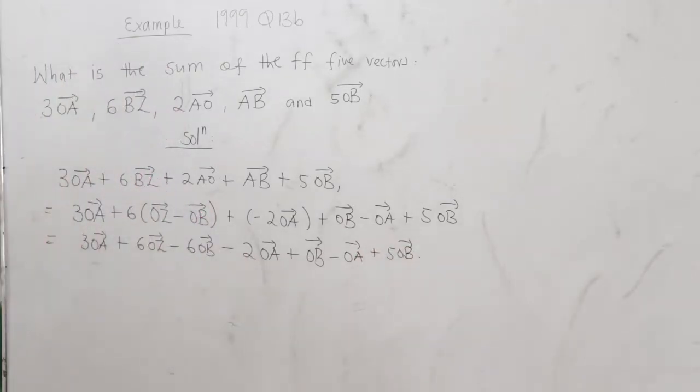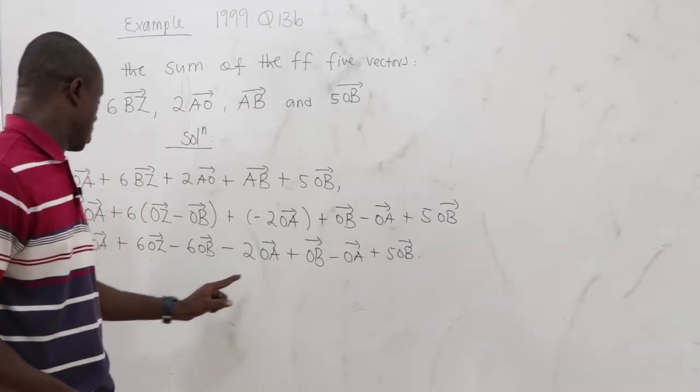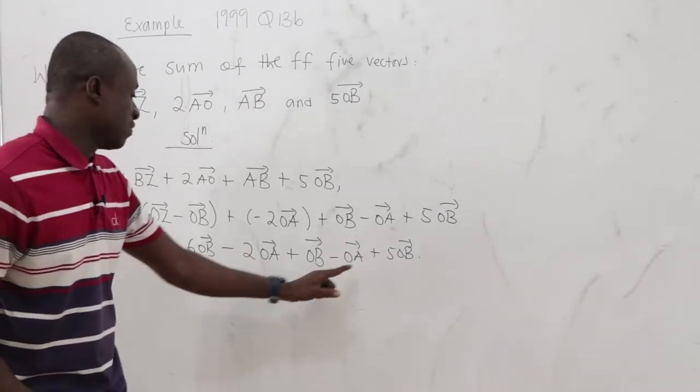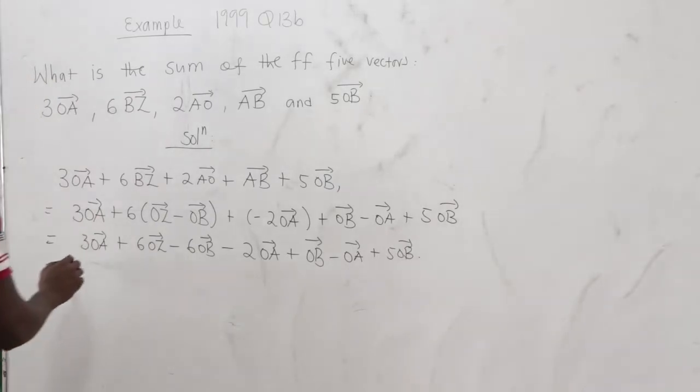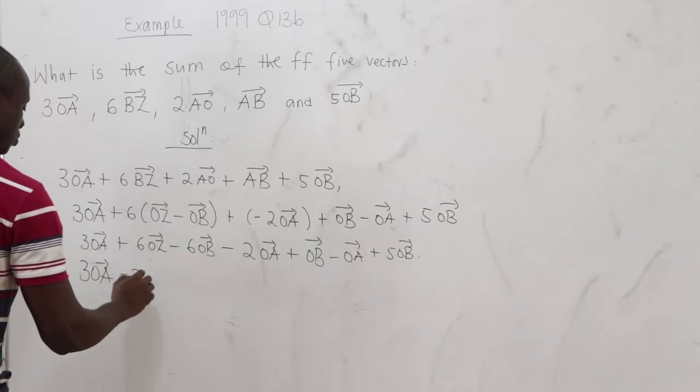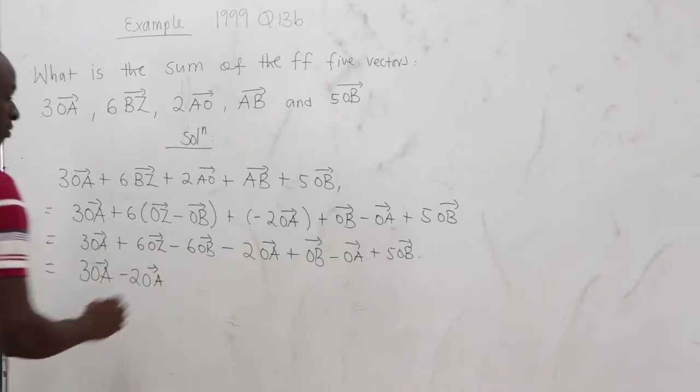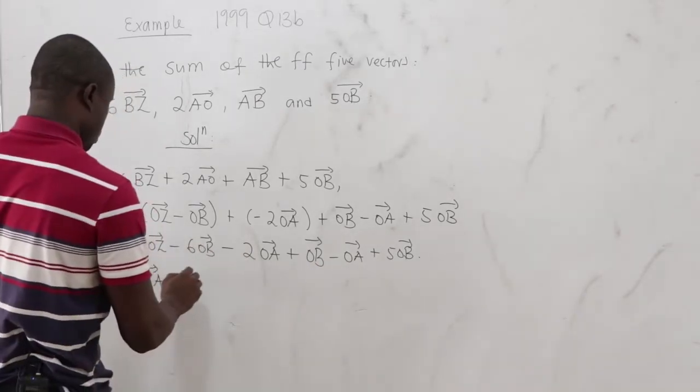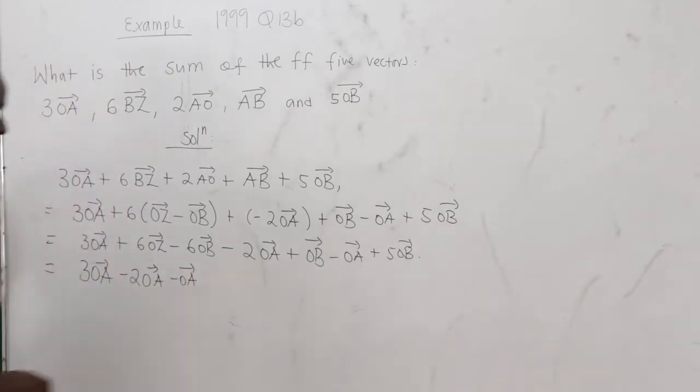Now let's group. We have OA, and then we also have another OA here. So that is 3OA. Now minus 2OA minus OA.